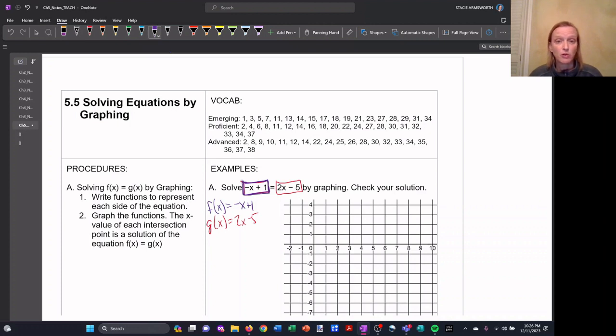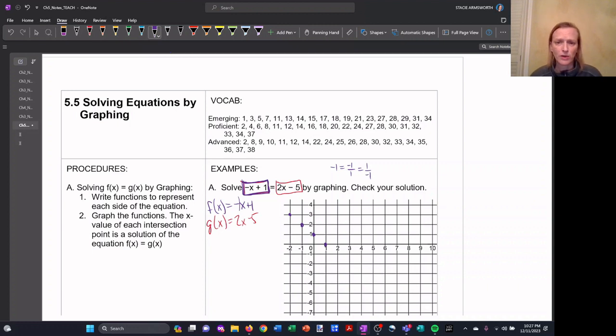So I'm going to take this purple graph here. The y-intercept is at 1, and my slope is -1, even though the 1 isn't written there, it is implied. And so that -1 slope means when I go up 1, I go left 1, or when I go down 1, I go right 1. So remember, -1 is the same as -1 over 1, or the same as 1 over -1.